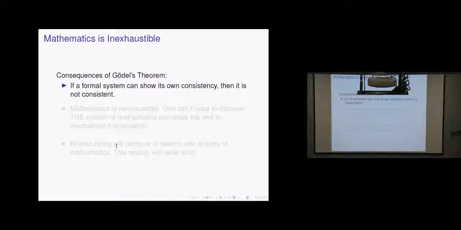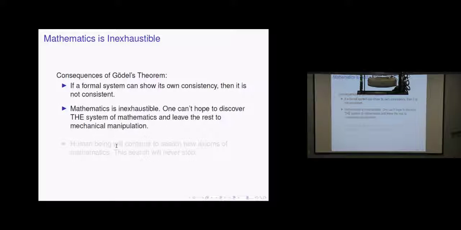So if somebody tells you, oh, I cannot prove I'm safe, then actually he has a great chance to be safe. Now if somebody tells you, oh, I'm consistent, then you have to be cautious. Most likely he's cheating. The other consequence of the incompleteness theorem is that mathematics is inexhaustible.